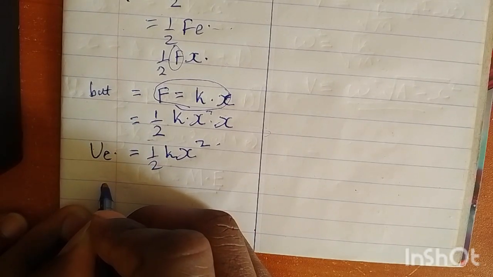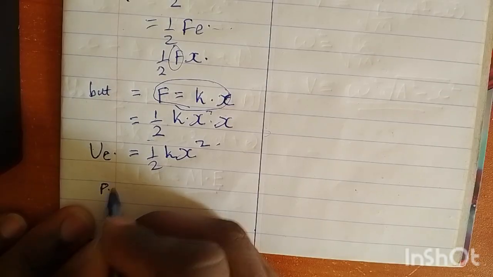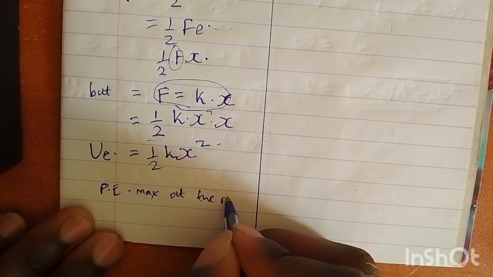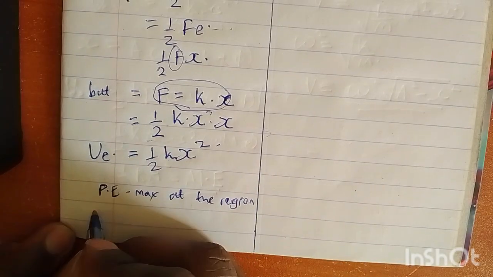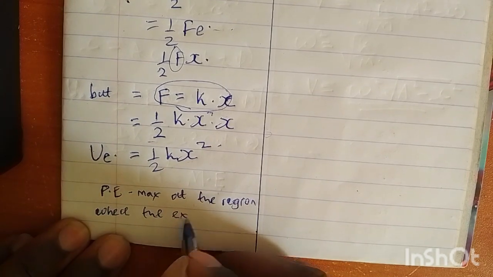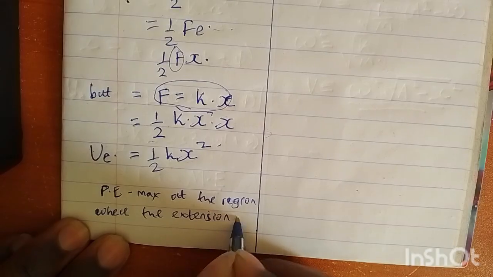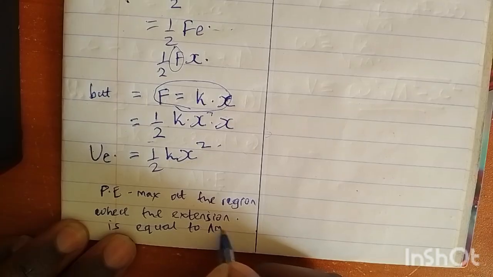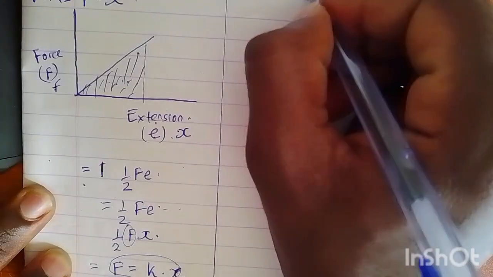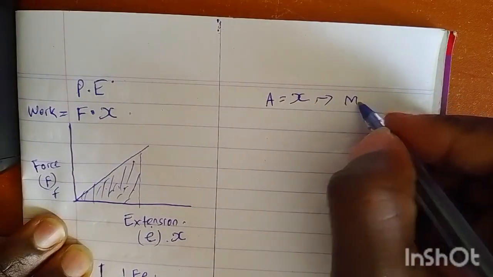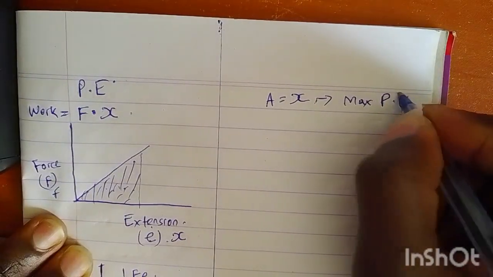And potential energy is maximum at the region where the extension is equal to the amplitude. Therefore, at the region where A is equal to x, that is where we have maximum potential energy.